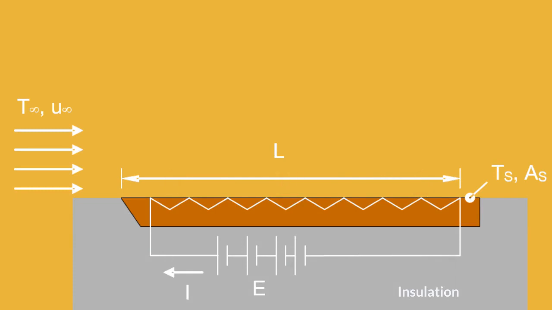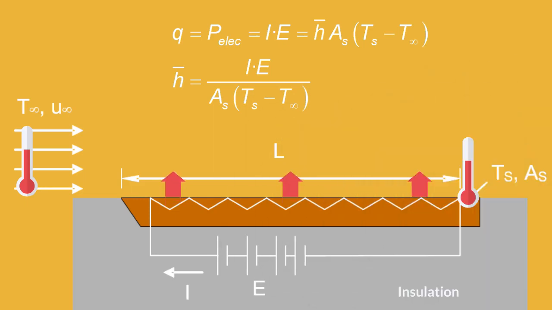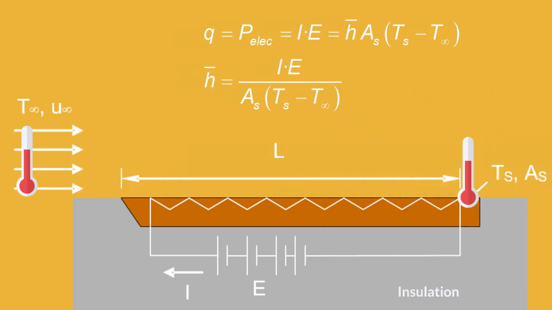Using a potentiometer, we regulate the electrical power consumed. If the plate is perfectly insulated, this power, transformed into heat, is transferred to the fluid by convection. By measuring the temperature of the surface and the temperature of the fluid, and applying Newton's law, we will obtain experimental values of the convection coefficient.